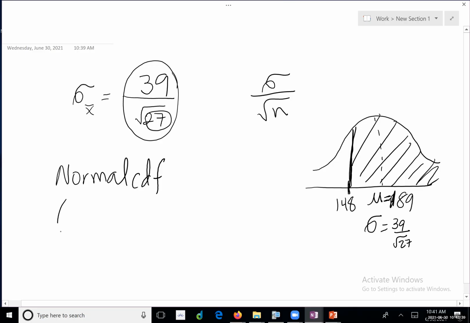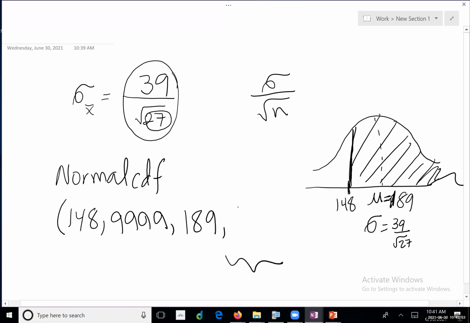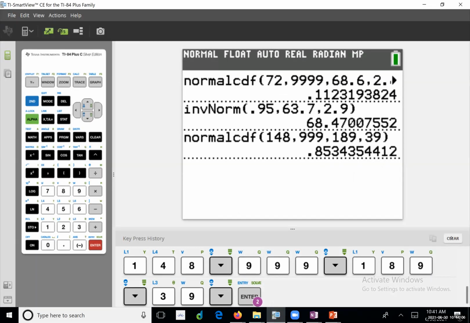So then you go normal CDF. You would say lower, upper is going forever, mu 189, and then sigma, it should be the new sigma. We have 39 over root 27. So let's put that into your calculator. So 148 comma, so I'm going to clear here.